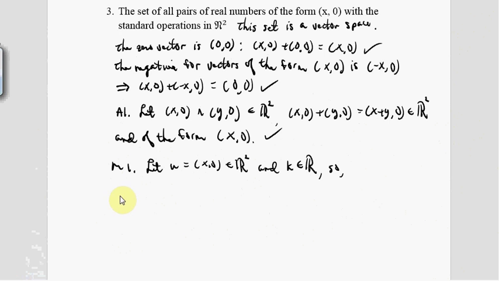So k times u is equal to kx comma 0. It's in the 2 space. It's of that form, x comma 0. That's good. This sets a vector space.